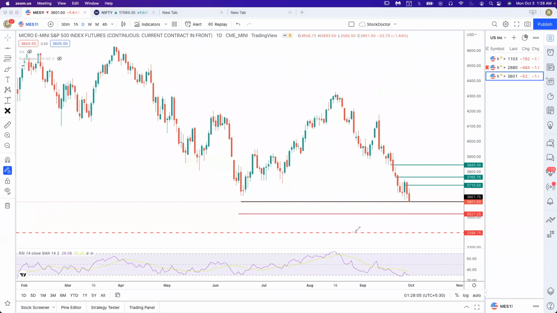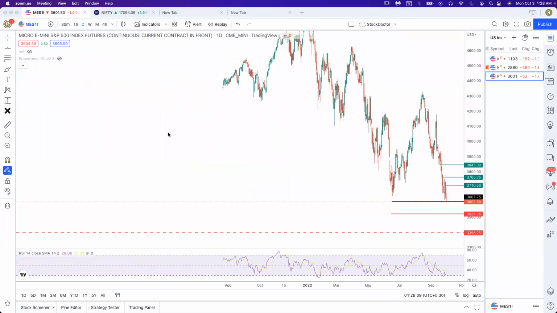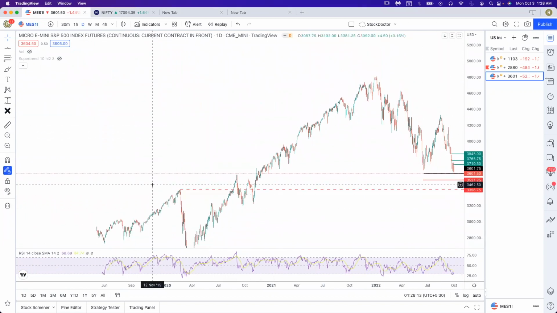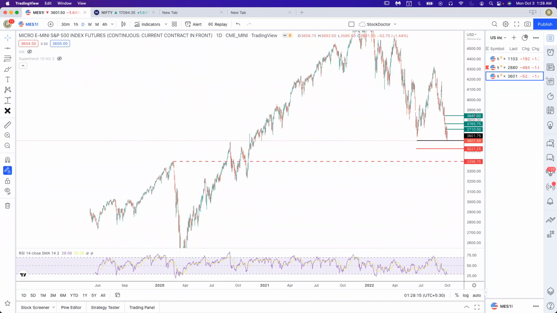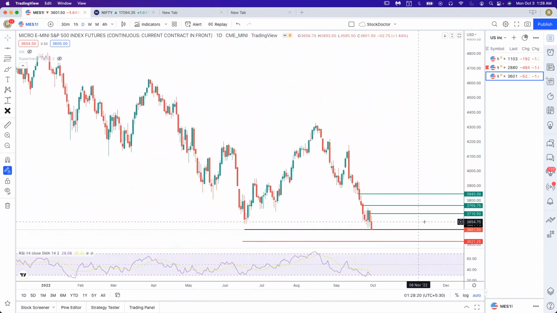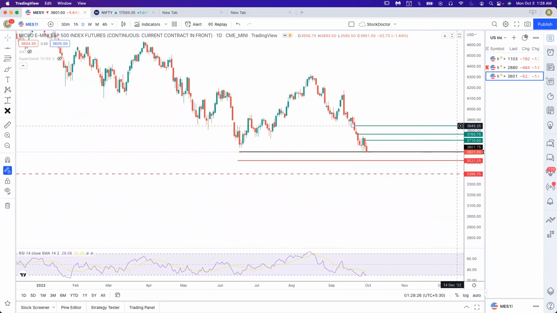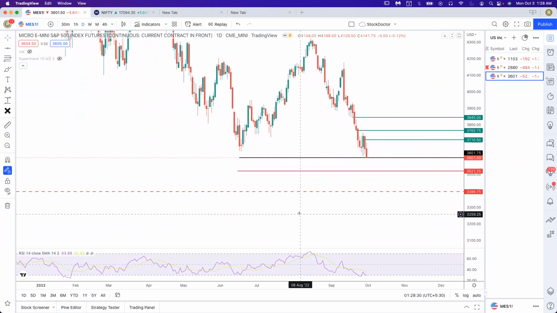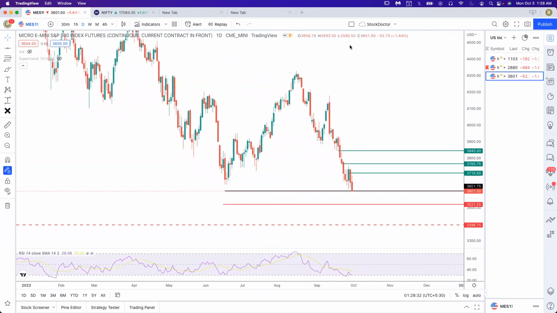3400 is the pre-COVID high for the S&P 500. You can see here, this was the pre-COVID high. So these were the downside levels for the S&P 500. For the upside, if we respect that 3600 number and we get some upside, then that upside can come till these three levels.